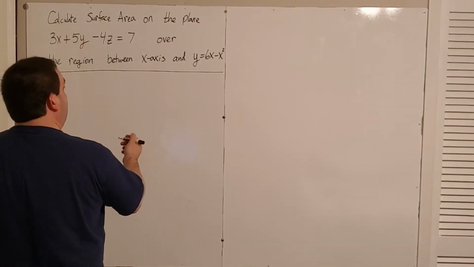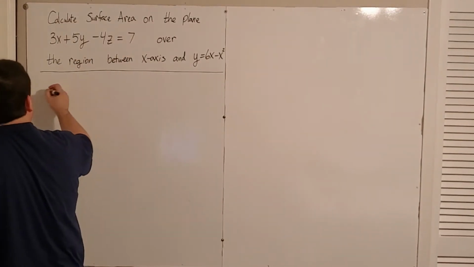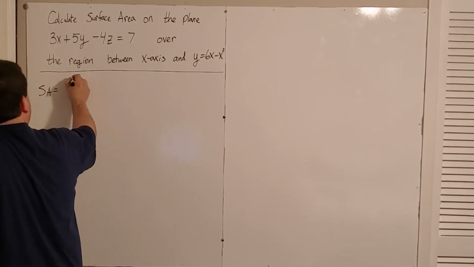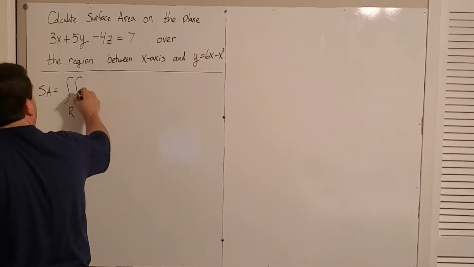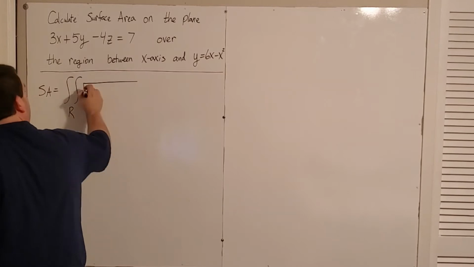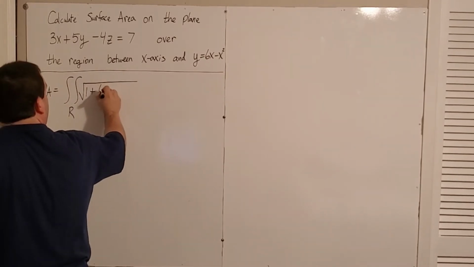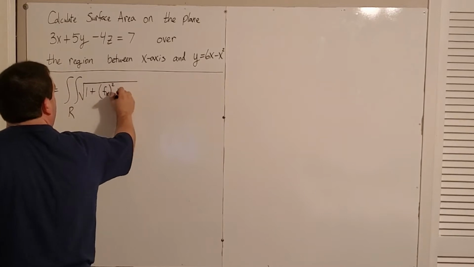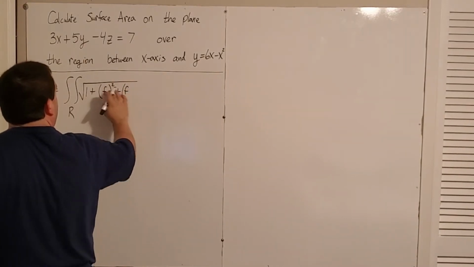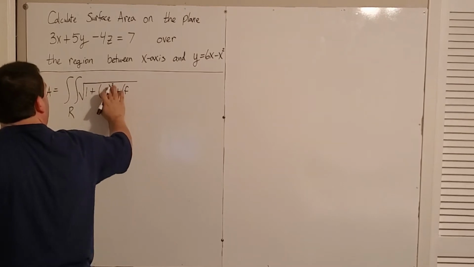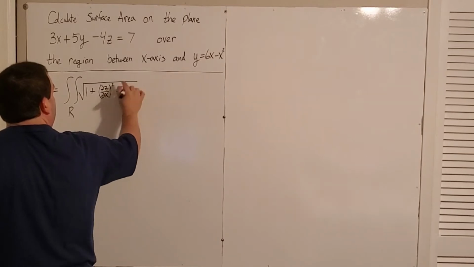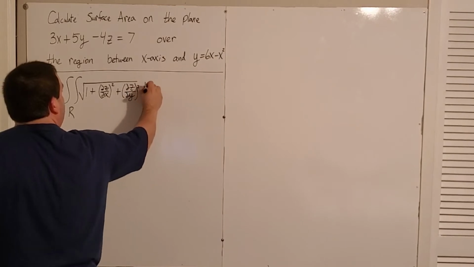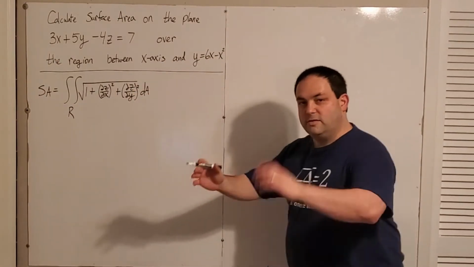I know that my surface area has got to be the double integral over some region and square root of 1 plus partial derivative with respect to x squared, partial derivative, let's do it this way, let's do dz dx, and partial derivative of z with respect to y squared dA, right? Okay, so now we're set up.